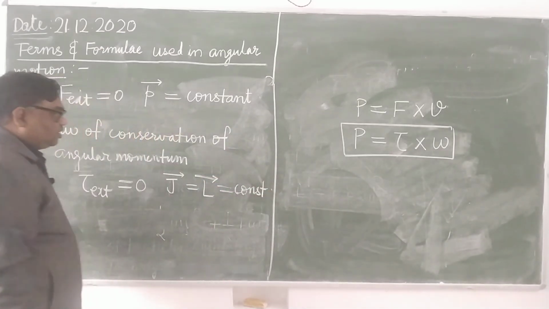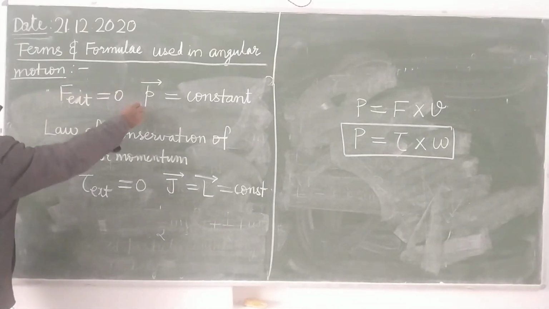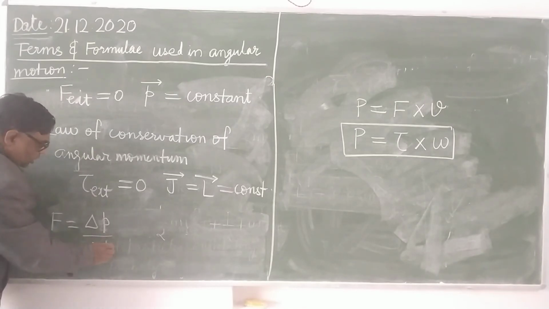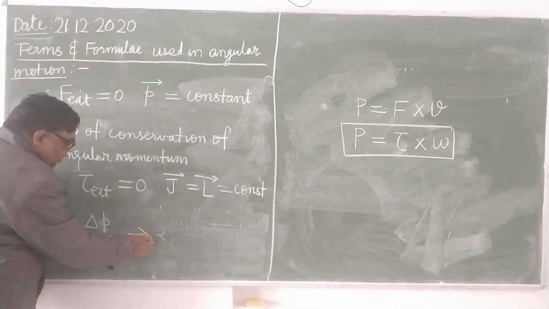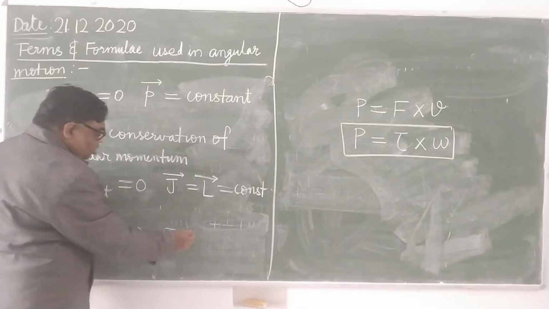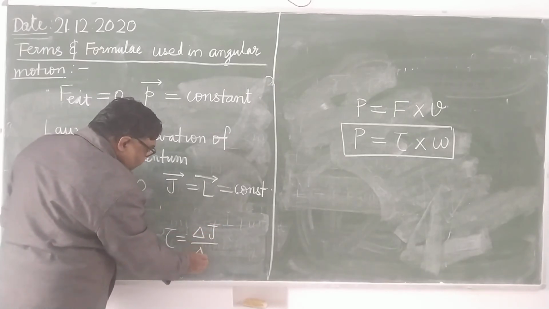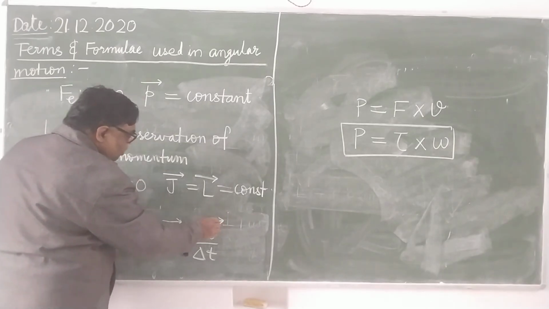And you can see here there is a formula relating this and this. F external equals delta P upon delta T. So in the same way, here we can write in place of F, tau equals delta J upon delta T, or we can write in vector form in this way.